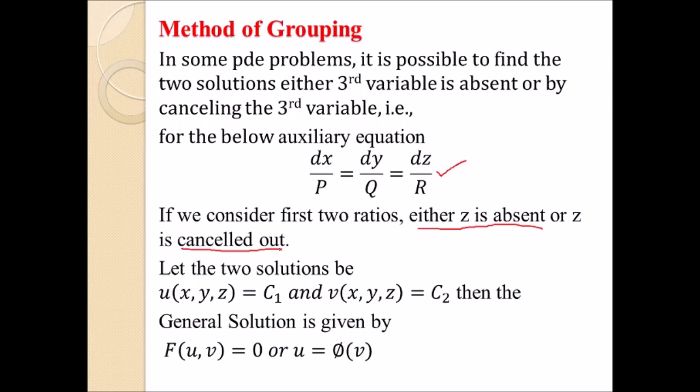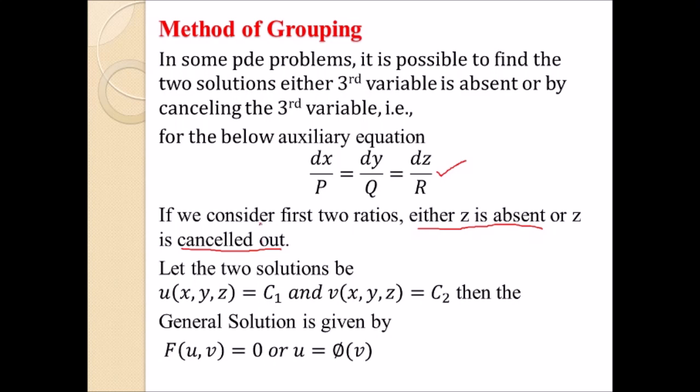Similarly, if I choose second and third ratios, either x is absent or the x term gets cancelled, and by integrating that we get another independent solution.